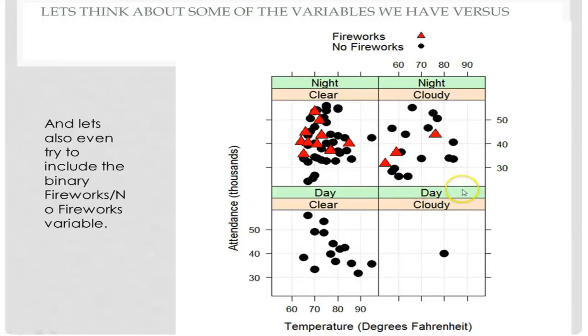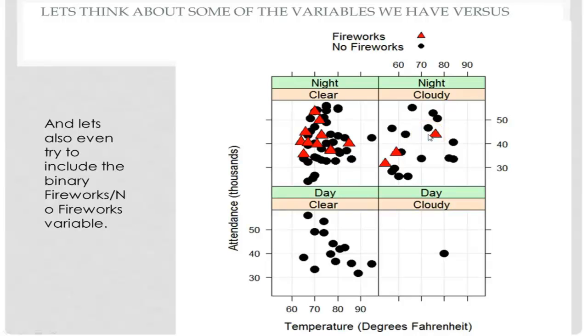As the temperature increases, on a cloudy night, when they have fireworks, attendance increases. I don't know, that doesn't ring a big bell in my head. I think there's too many things I'm saying there.